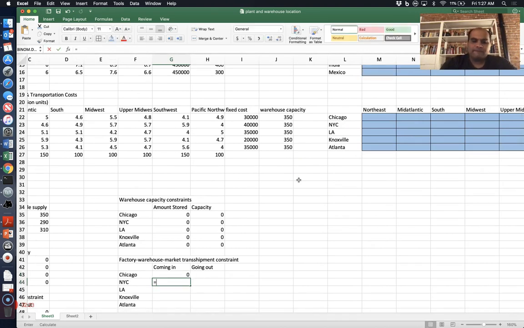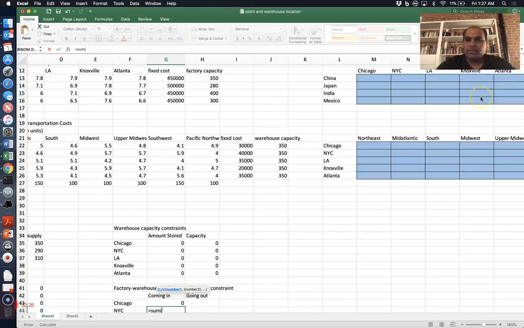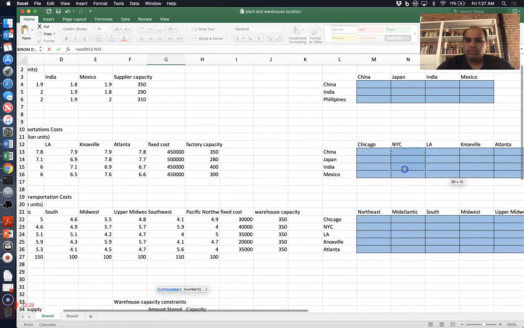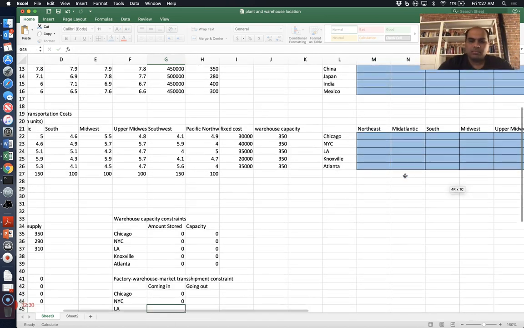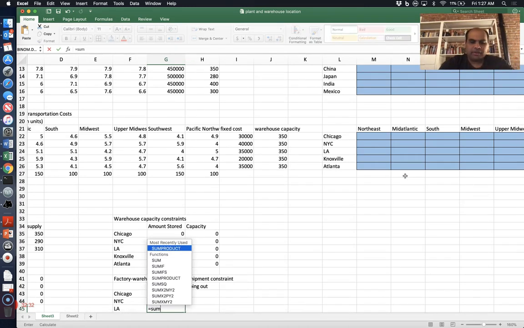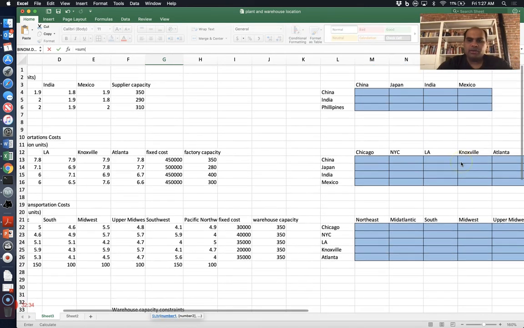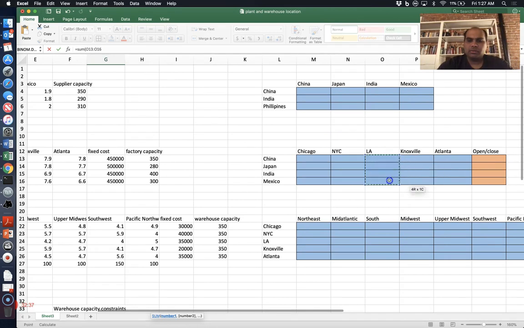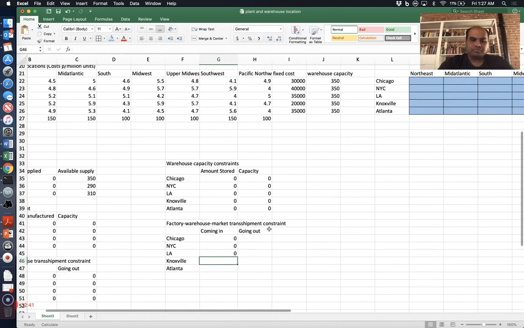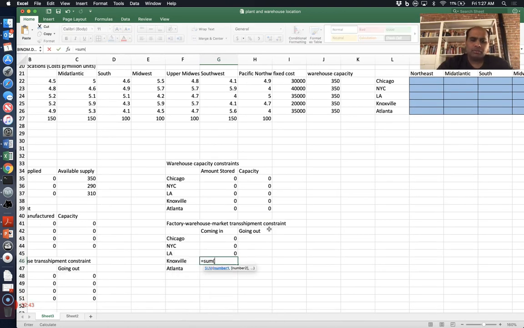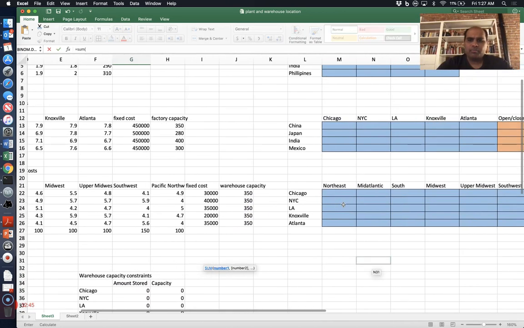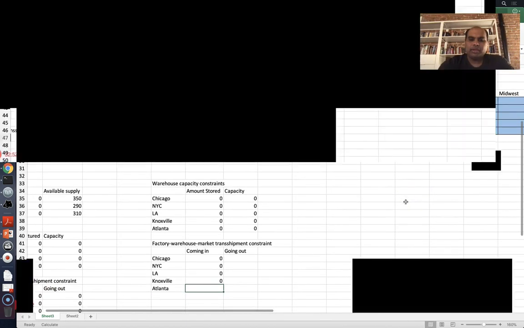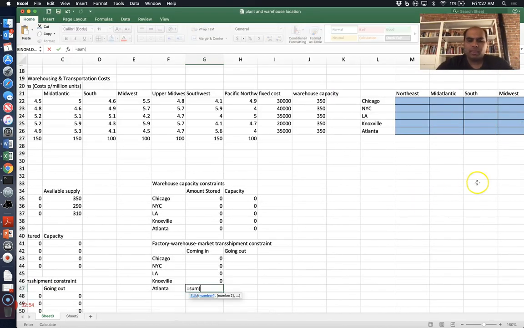Similarly, everything coming into the New York location, then everything coming into the LA location, Los Angeles, everything coming into Knoxville, and then everything coming into Atlanta.